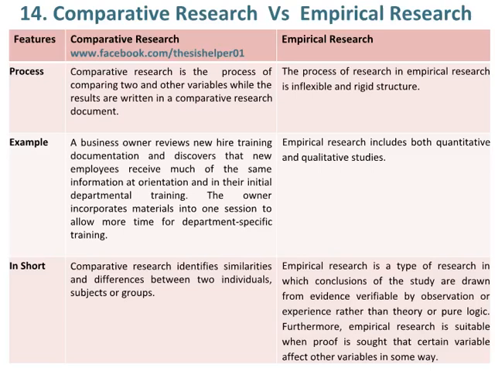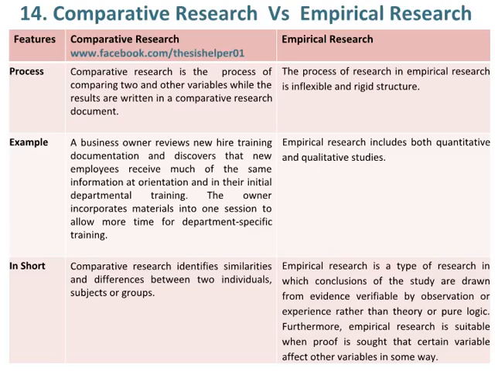Example of comparative research: a business owner reviews new hire training documentation and discovers that new employees receive much of the same information at orientation and in their initial departmental training. The owner incorporates the materials into one session to allow more time for department-specific training. Whereas, examples of empirical research include both quantitative and qualitative studies.